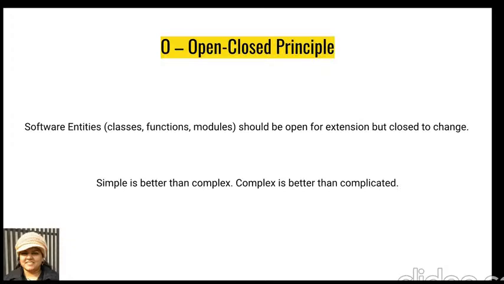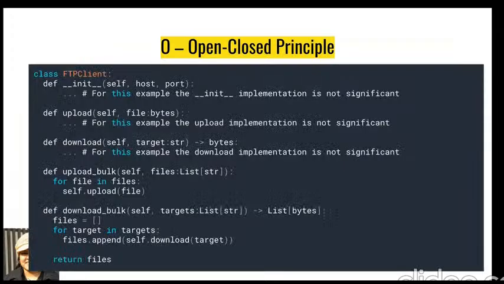Now, let's take an example of adding support for bulk operation. Our first reaction is probably to add upload bulk and download bulk functions to the FTP client class. But it has some problems.